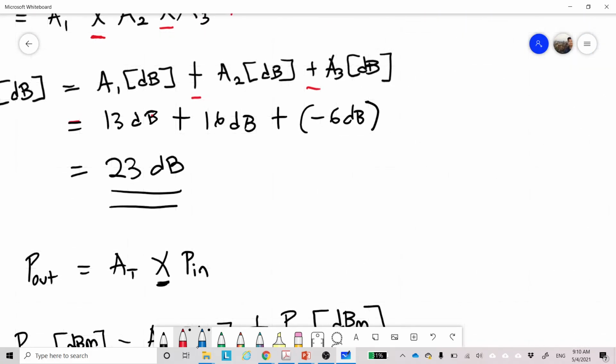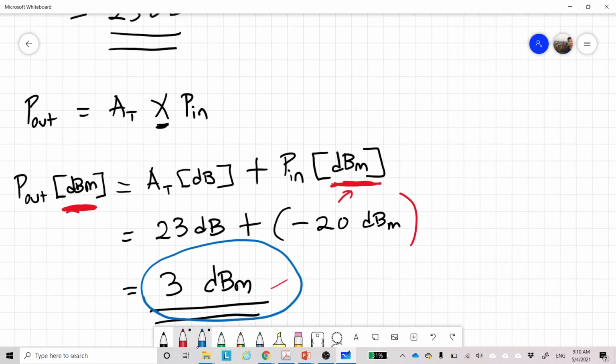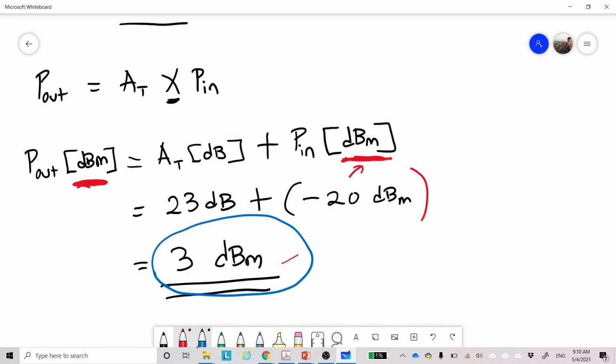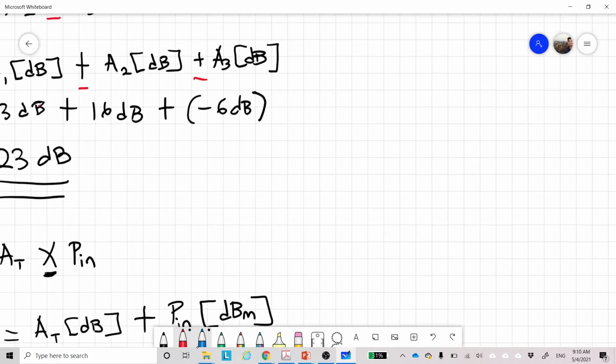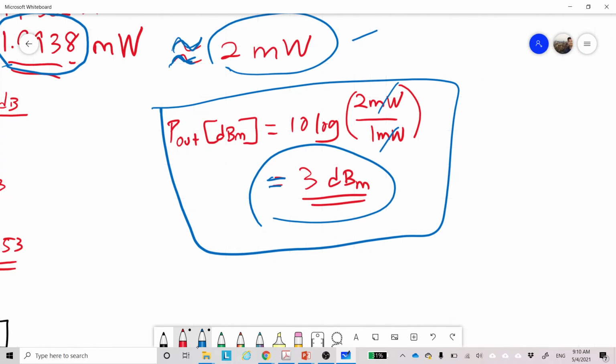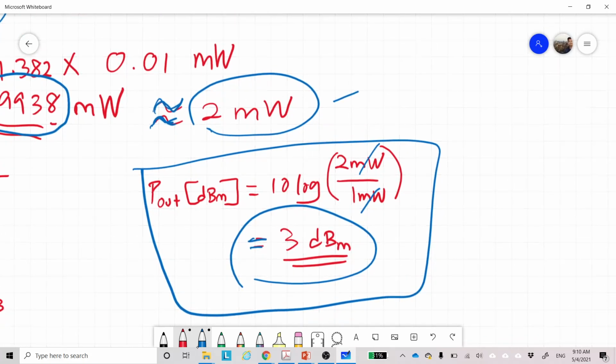Saya cuma nak bandingkan adakah jawapan yang saya buat tadi betul atau tak. Dia sepatutnya mesti sama. Okay, in the first question I get 3 dBm. So I should get a conversion of this if I do the second question. I just do a simple calculation for checking.